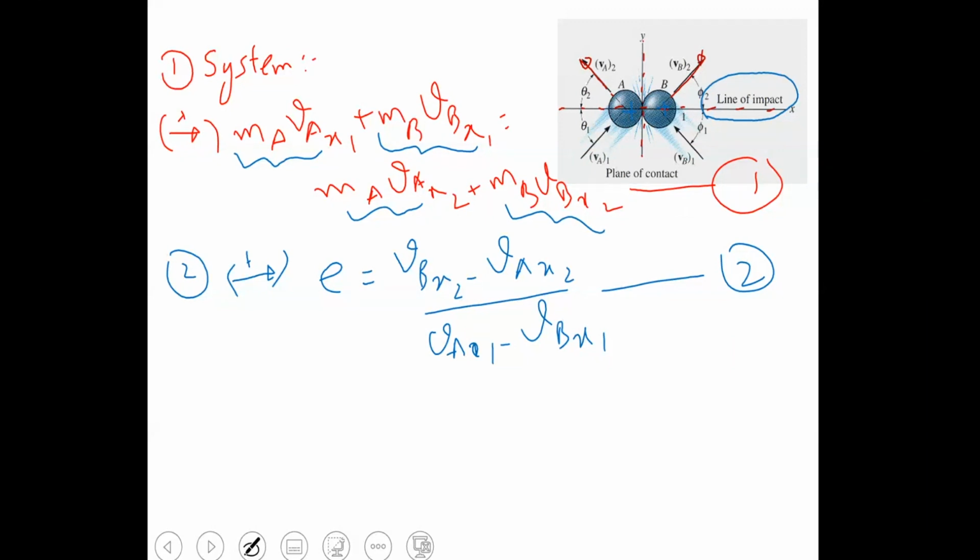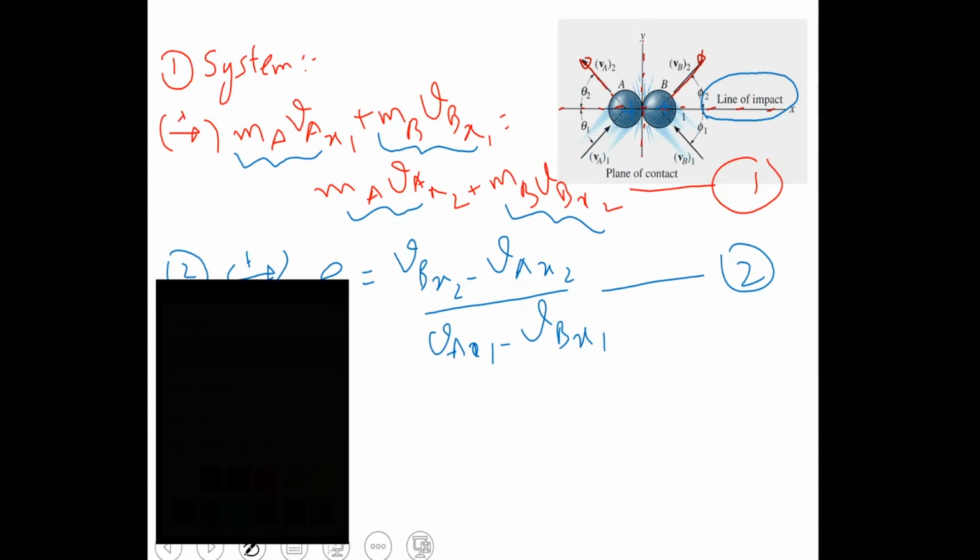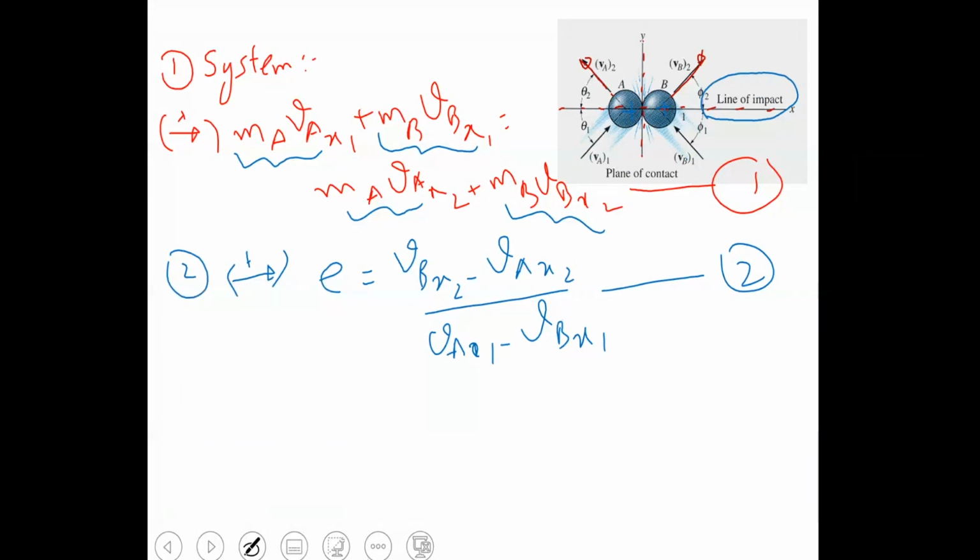The only difference is that instead of taking complete velocities, you are going to consider only those components of velocities which are along the line of impact before collision and after collision. So once you solve these two equations, you can find the values of these unknowns vAx2 as well as vBx2.